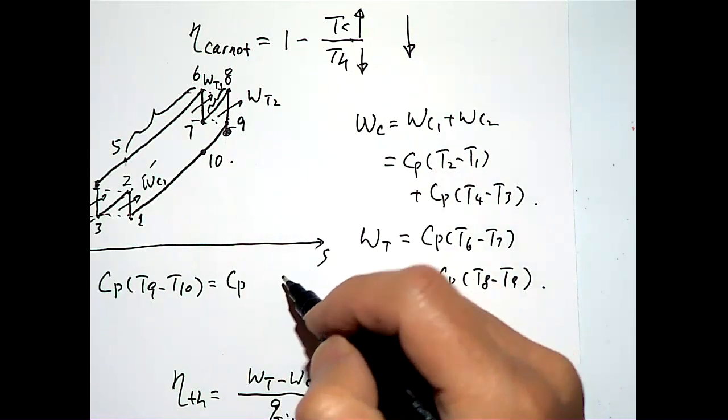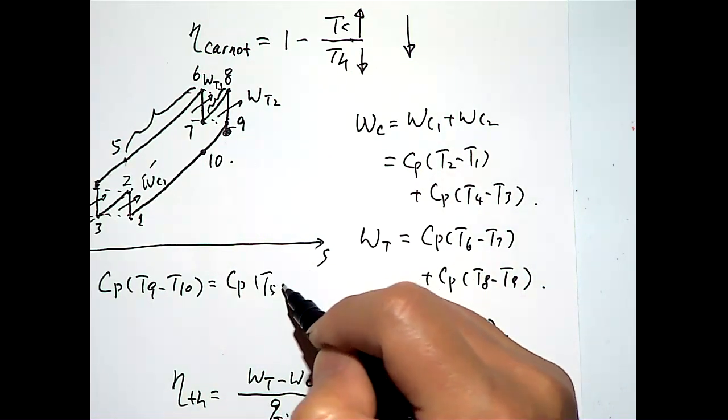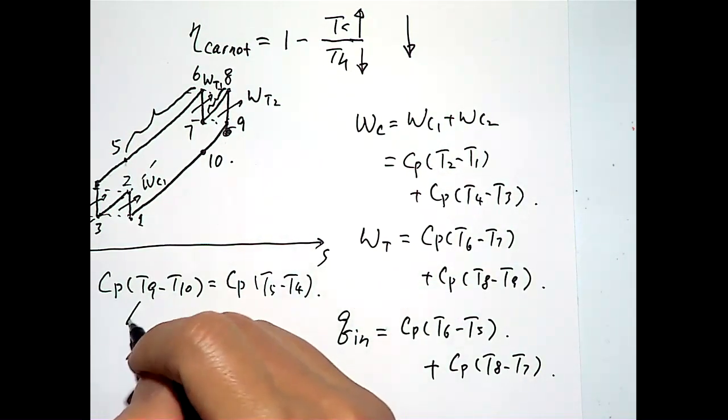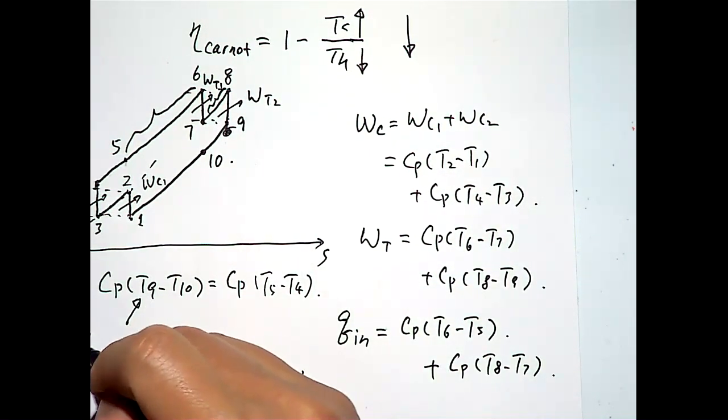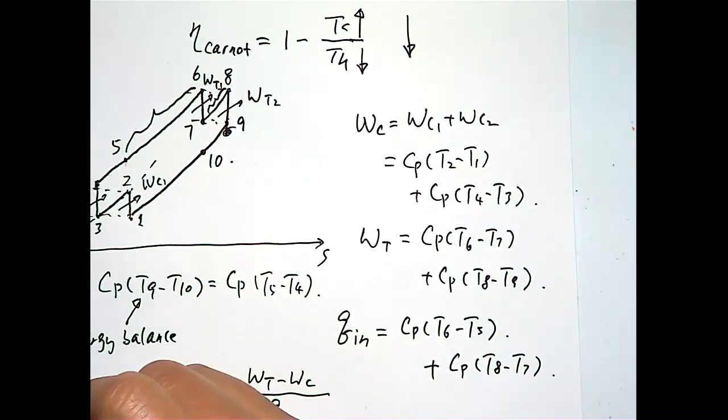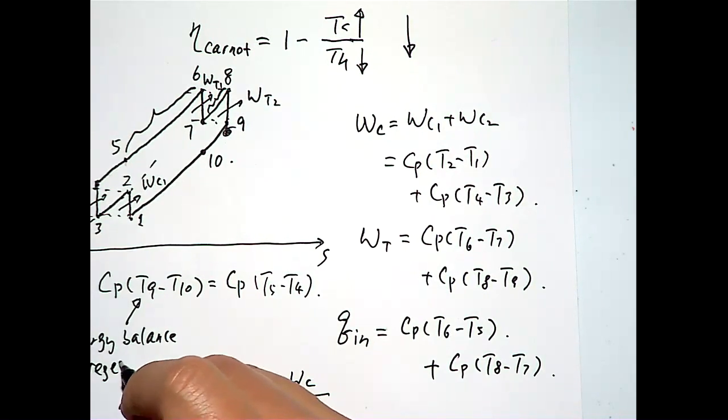T5 minus T4. So that's the energy balance at the regenerator.